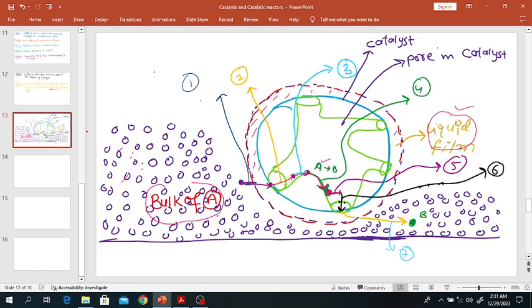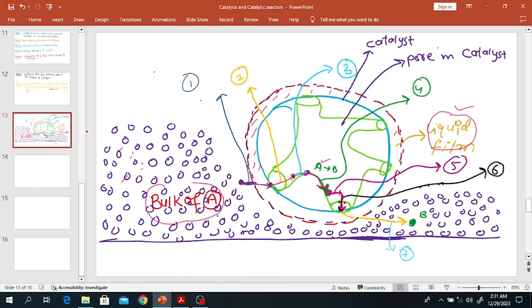In step number 6, the pore diffusion will take place again. So this B molecule will transfer from this place through the pore volume. So this is again the pore diffusion of component B from this place to this place.